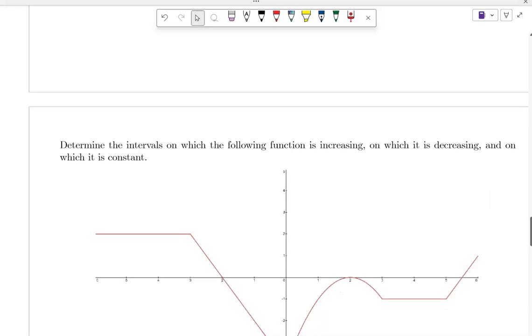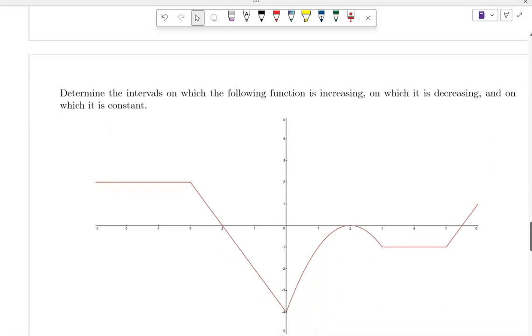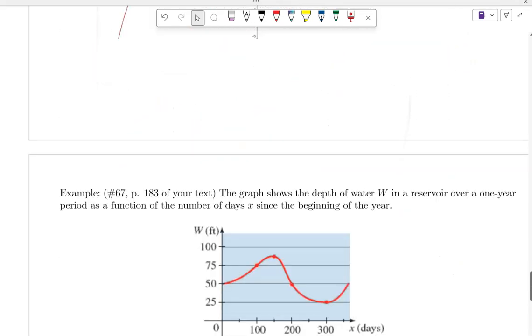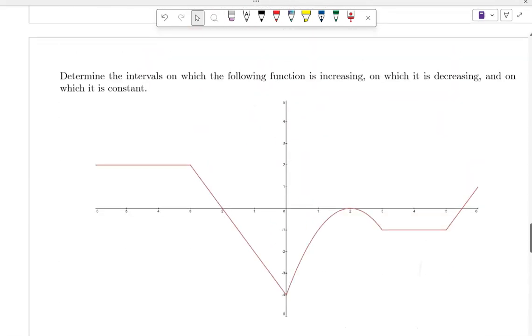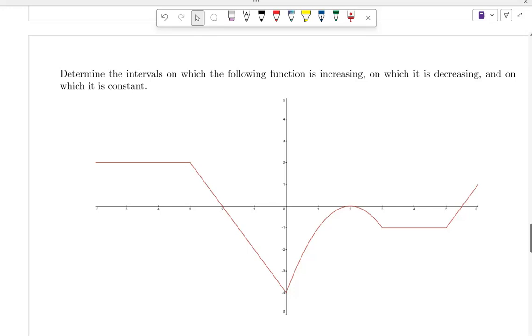All right. So the last little bit that we have here is talking about where a function goes up, where a function goes down, and where it's constant. Just looking at these pieces here, all we mean by constant, I hope, is pretty straightforward.